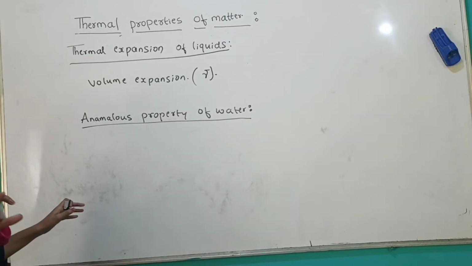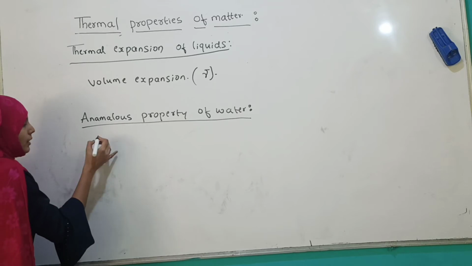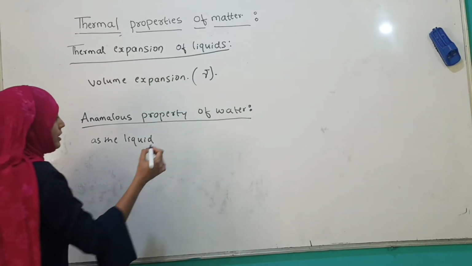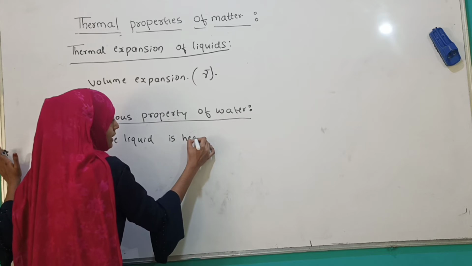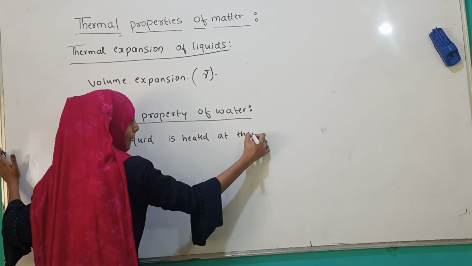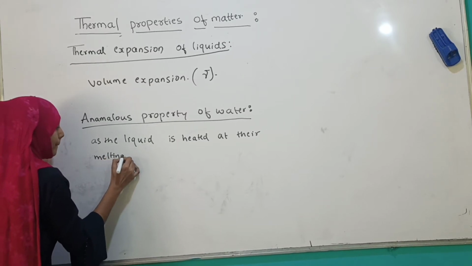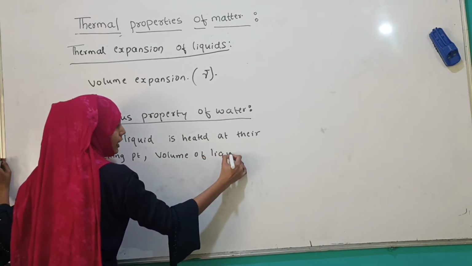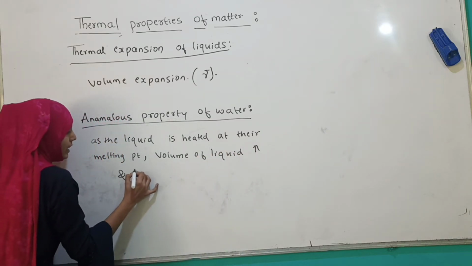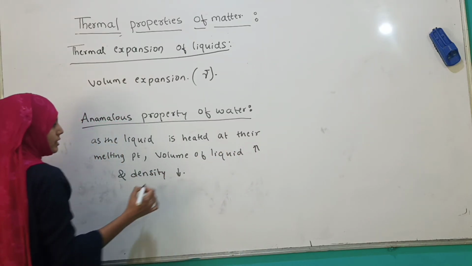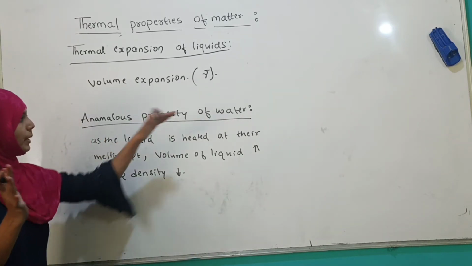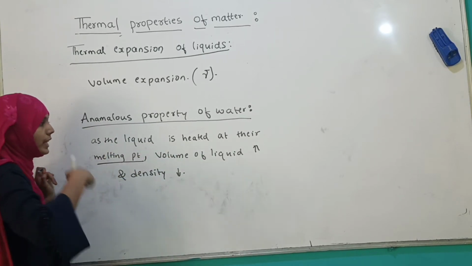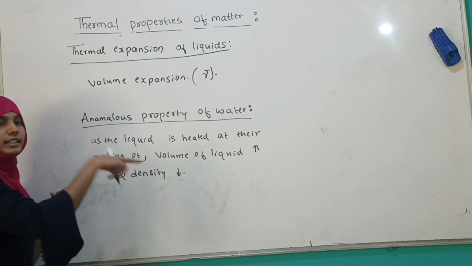For all liquids except water, as the liquid is heated at their melting point, the volume of the liquid increases and the density decreases.